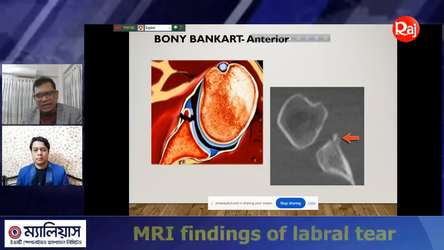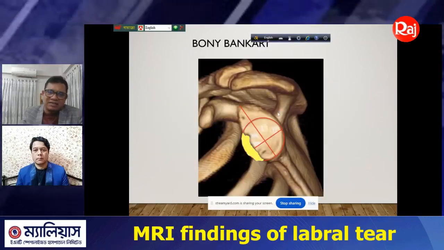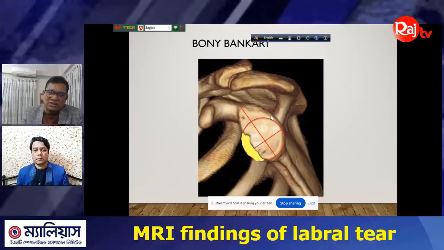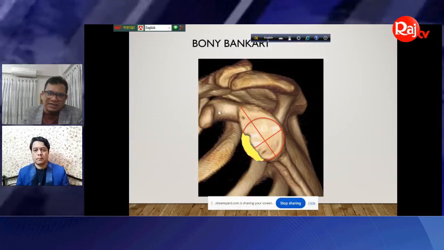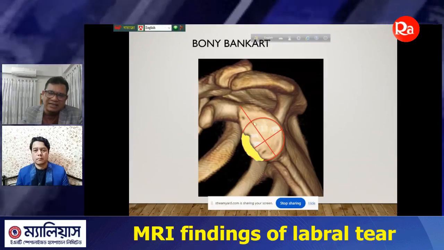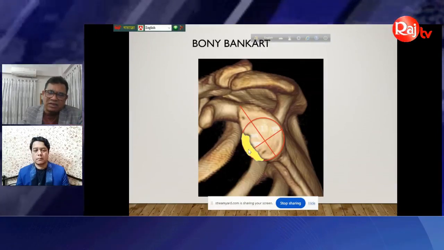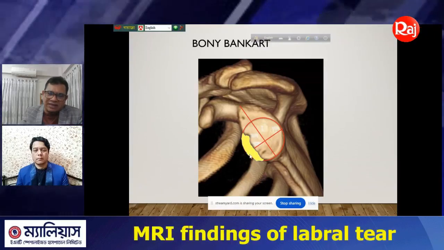Here we have seen it diagrammatically. In the next slide, we can see how much bony Bankart has happened. The anterior glenoid rim is fractured over a large area. It is determined what percentage of the bone is broken from the anterior glenoid rim.